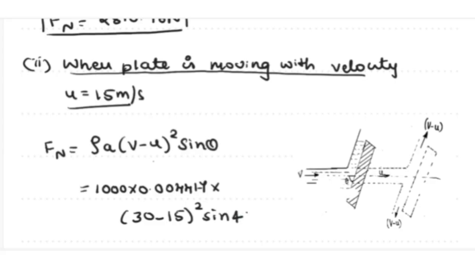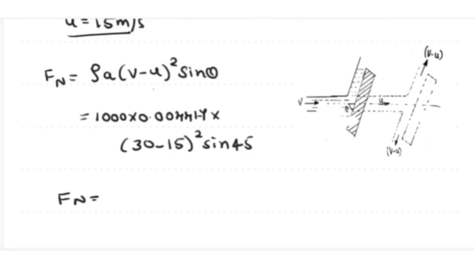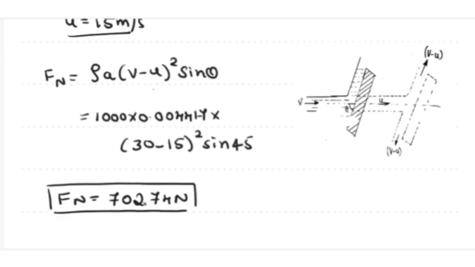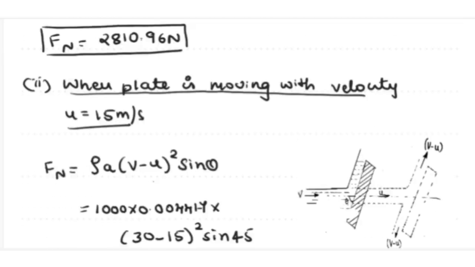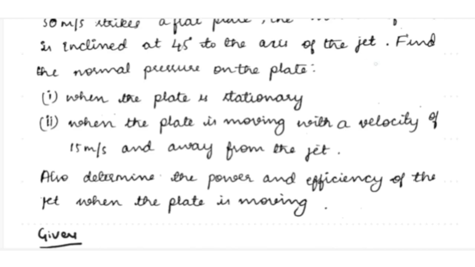If you solve this, Fn is equal to 702.74 Newton. So first we have calculated the normal pressure when the plate is moving.